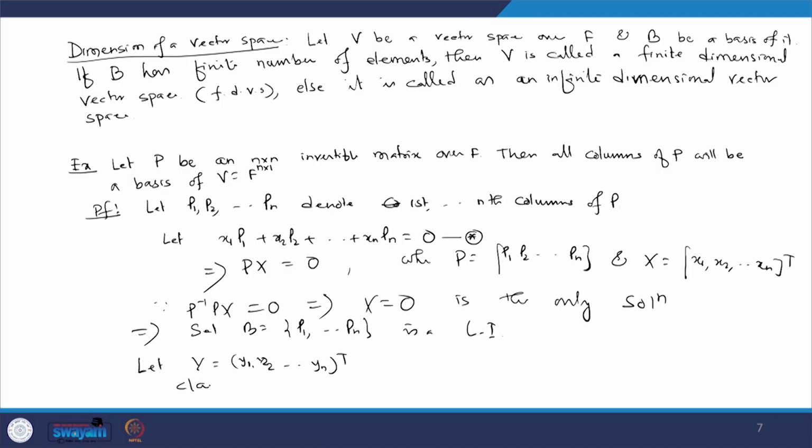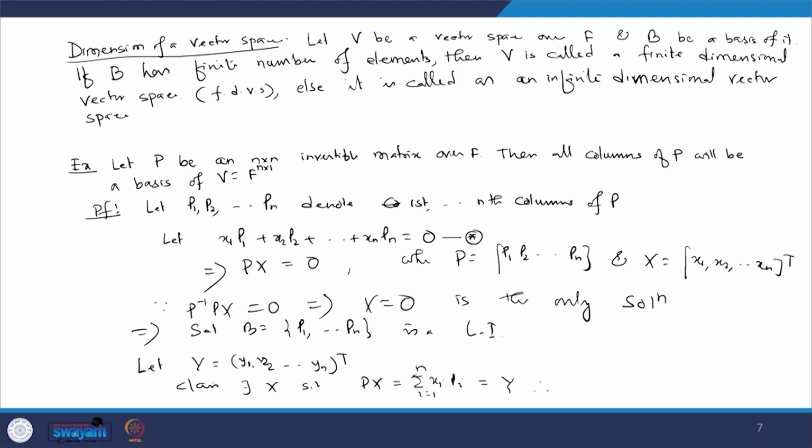Claim: there exists capital X such that Px, which is equal to x1 P1 plus x2 P2 and so on, equals the sum of xi Pi for i equal to 1 to n, which is equal to capital Y. Since Px equals Y, I have to find what capital X is.